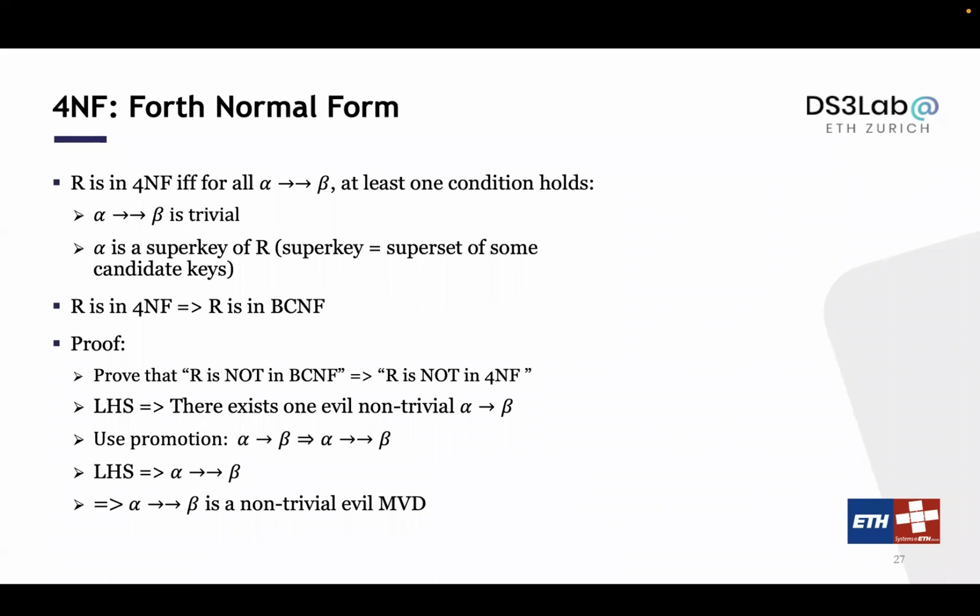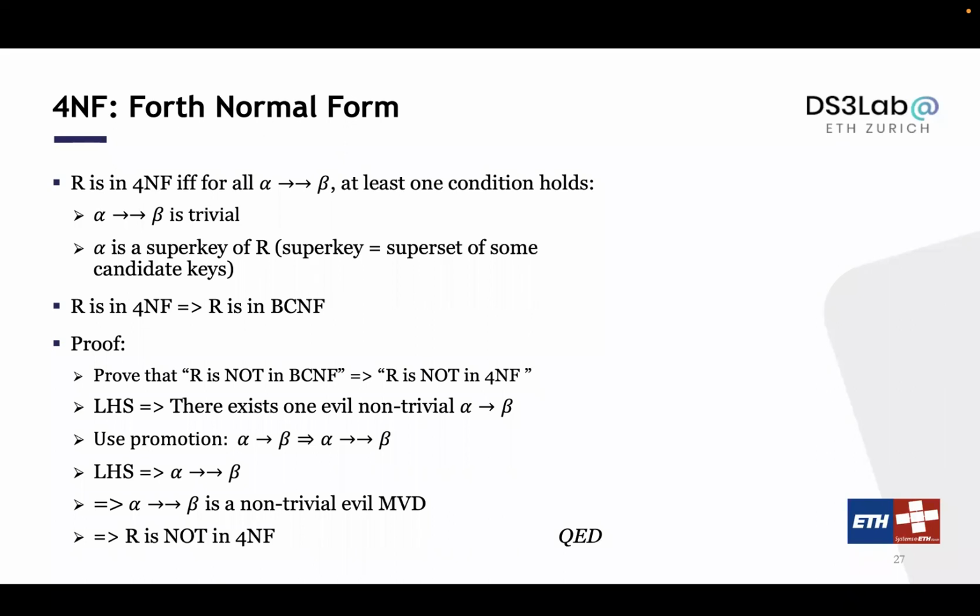If one functional dependency is evil for BCNF, then its multivalued promotion is also going to be evil for fourth normal form. And then QED, we are done. So clearly this R will also not be in fourth normal form.